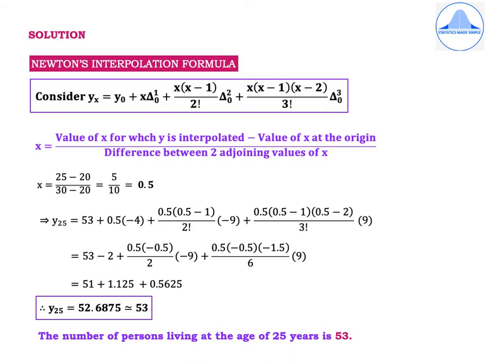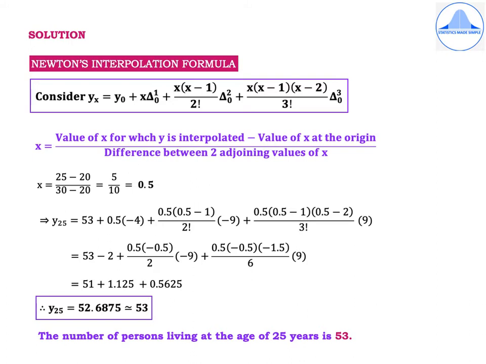So you get x equal to the value of x for which y is interpolated, which is 25. That's what is asked in the question. Value of x at the origin means x naught, that is 20, divided by the difference between the two x values, that is 30 minus 20. So it simplifies to 5 divided by 10, which is equal to 0.5.